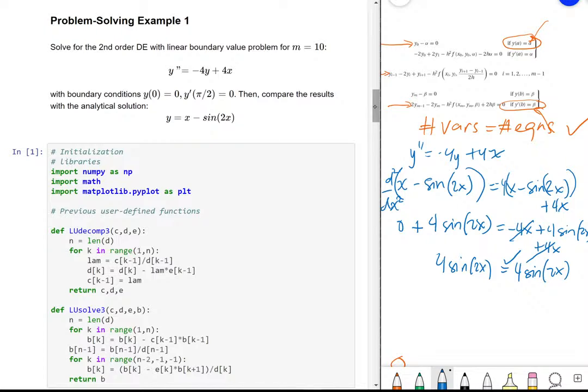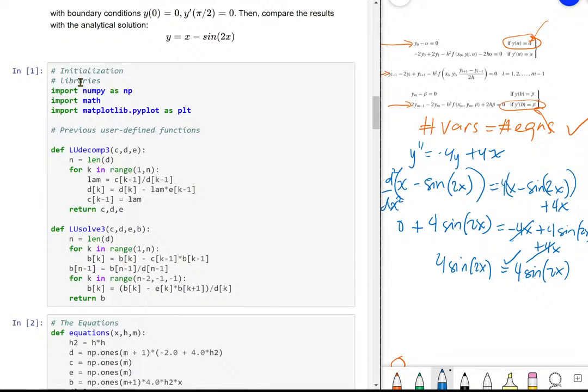So using the equation above, we solve this one using the following user-defined equations. We will use the LU decomp and then the LU solve tree.